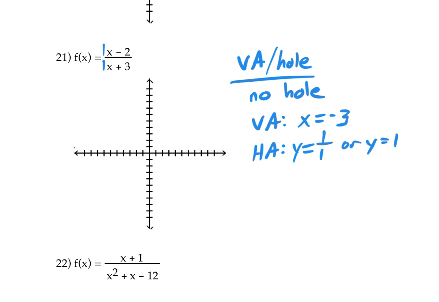Okay, so the first thing that I'm going to do is I'm going to put those asymptotes in here. Y equals 1. X equals -3. Those are the two lines that the graph should approach.